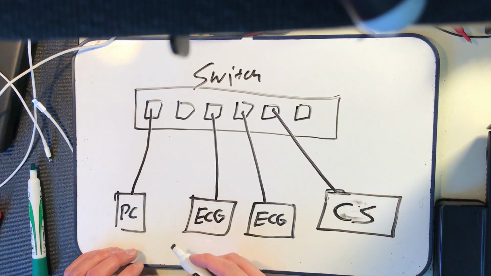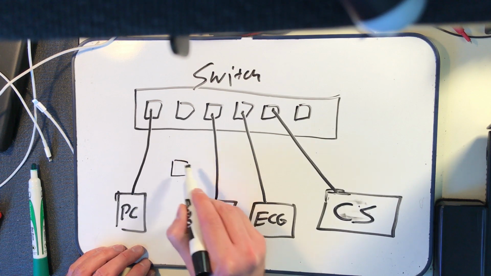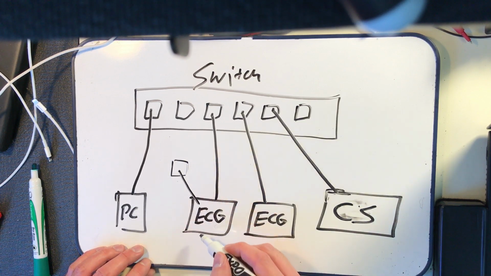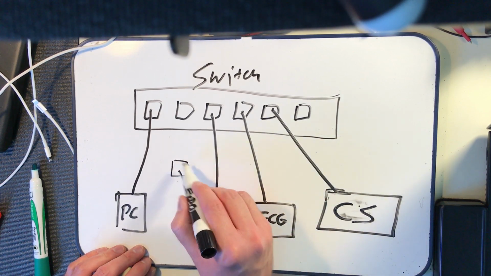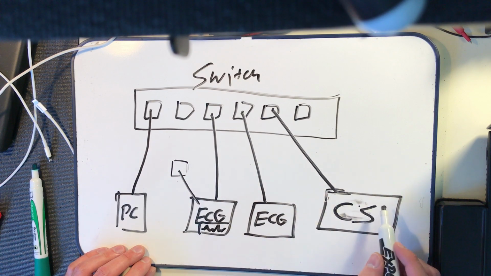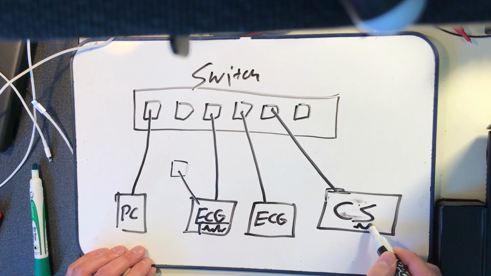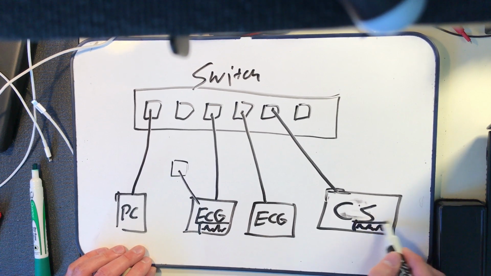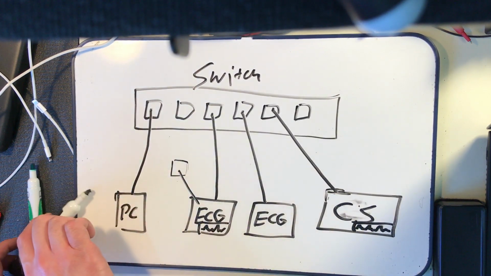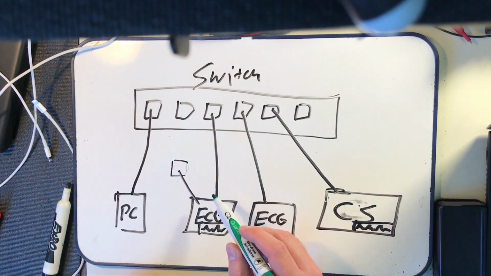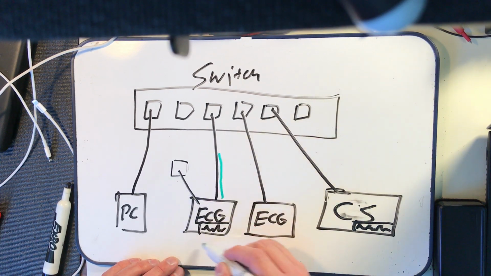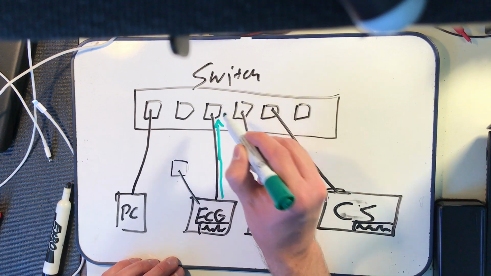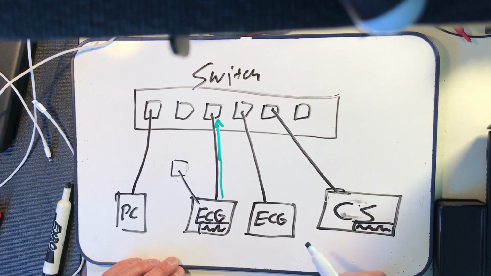Let's say we have the simulator connected to the ECG, and it's getting trends from the simulator and sending those trends to the central station. The ECG is sending packets containing this information to the switch, with the intended destination being the central station.